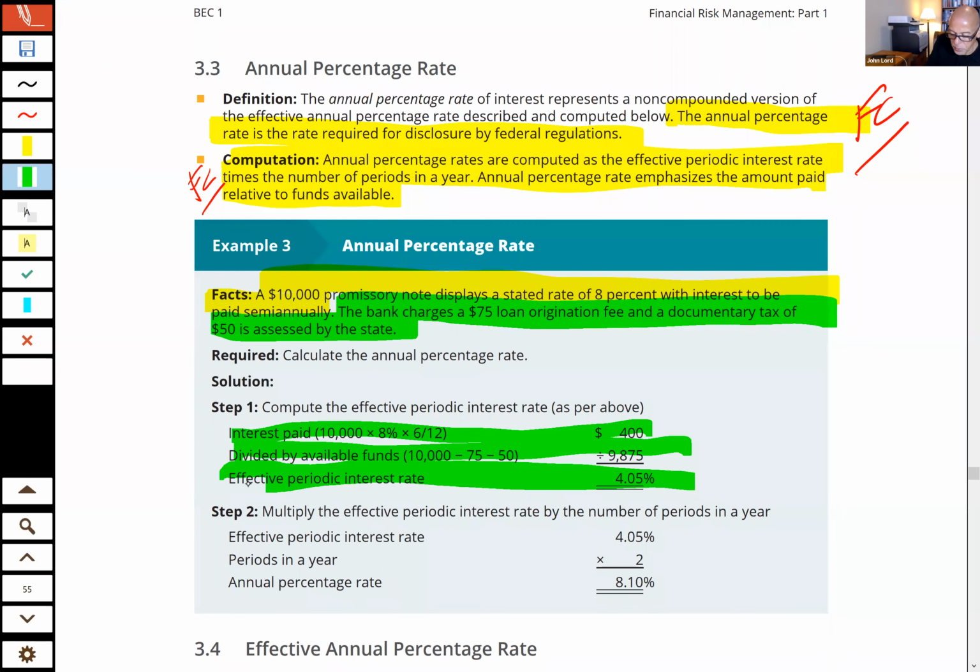That gives me the rate, but that is for what? Since we did this for 6/12, that gives me the semi-annual rate, but then I need to multiply that number by 2 to turn it into an annual percentage rate as defined by federal statute.